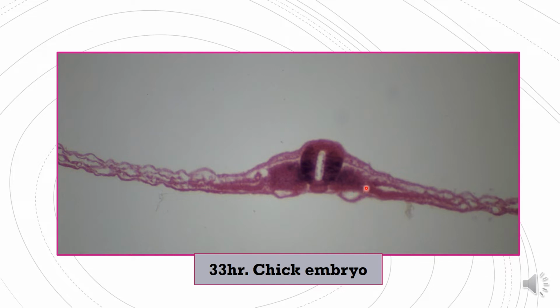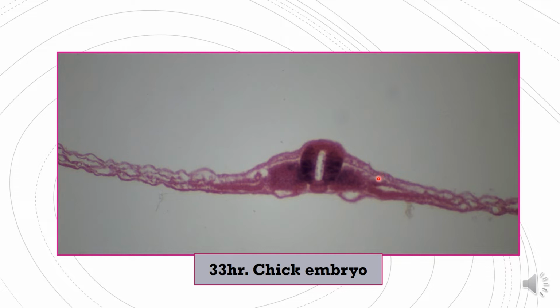Also in these sections you can see the second part of the mesoderm, the intermediate mesoderm, which later forms the kidney, and the third part of the mesoderm, the lateral plate of the mesoderm, divided by the intraembryonic cavity into two layers.